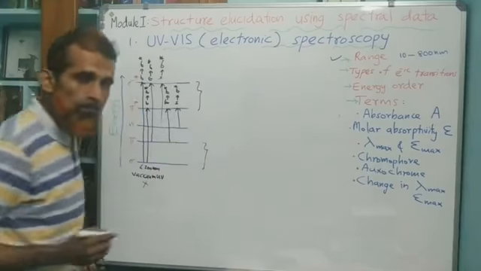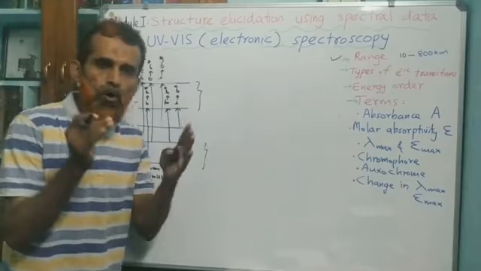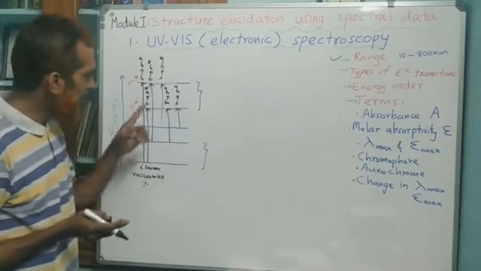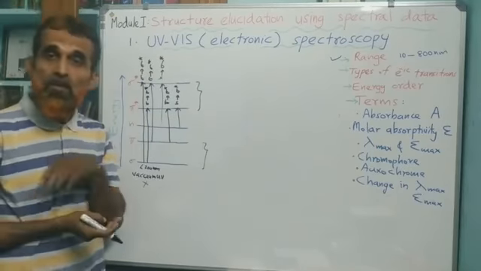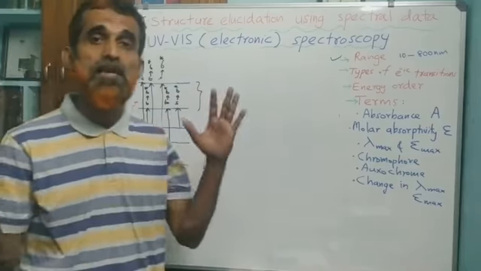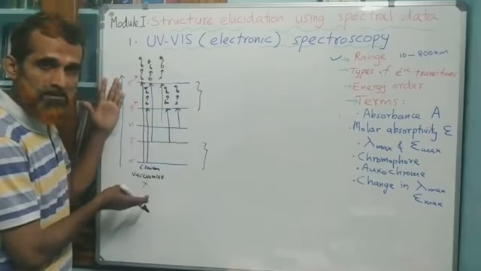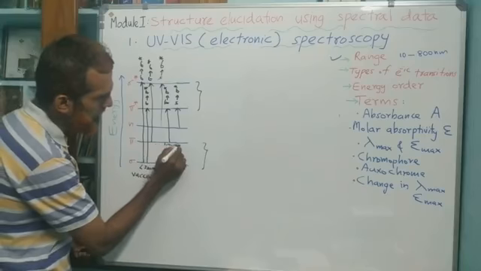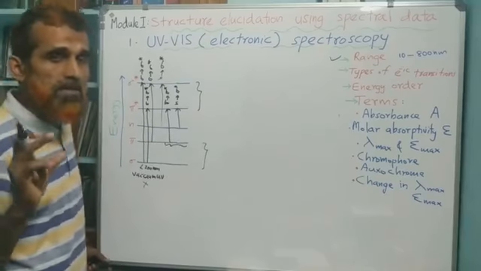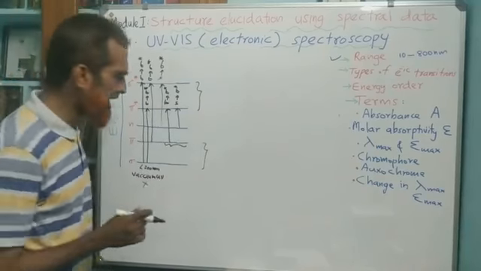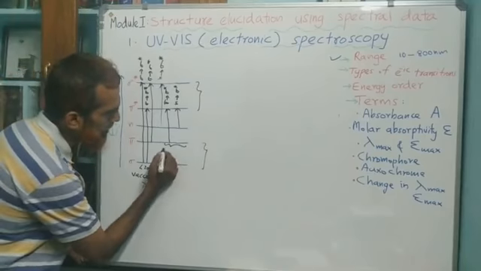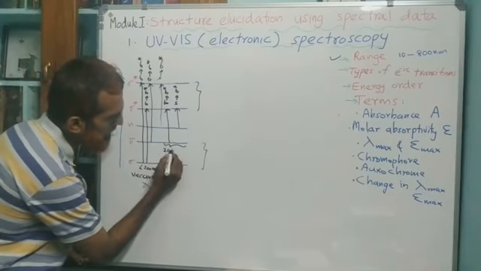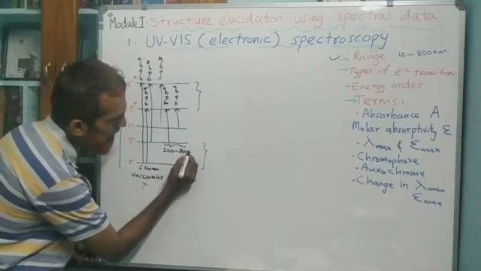Now a question, which is having the lowest energy transition? N to pi star. Which transition is having the highest energy? Sigma to sigma star. Now, these three transitions, which are important in spectroscopic techniques, come above 200, that is 200 to 800 nanometer.